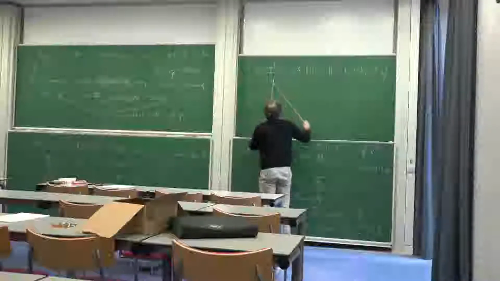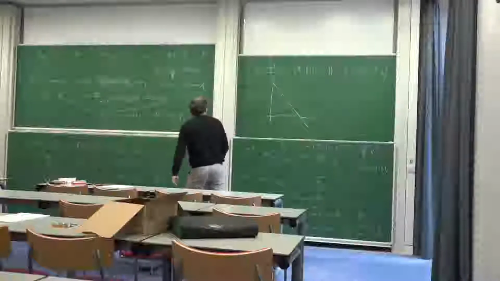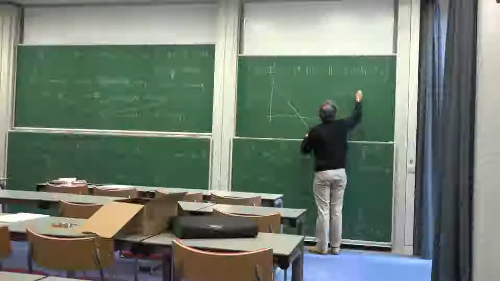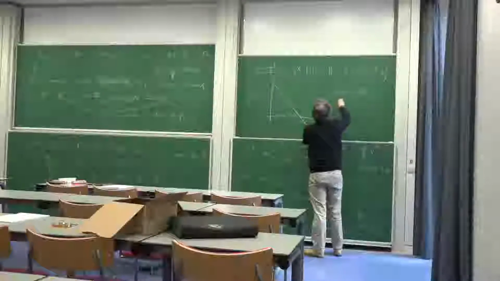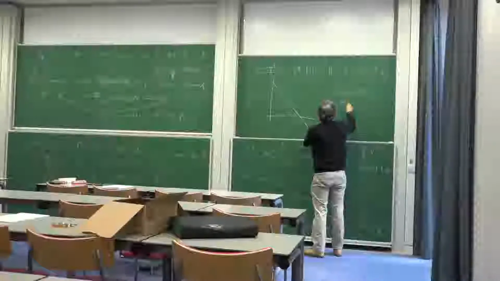So here's our domain, and let's take a look at genus 0 curves, genus 0 and degree 1.